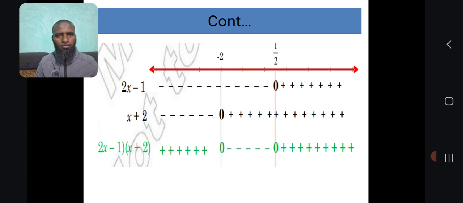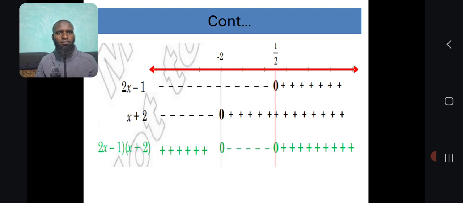Students, we have the given inequality to be greater than or equal to 0. We have to search in the third row, which is the product part, for where it is positive.